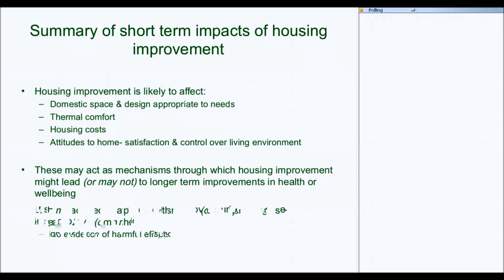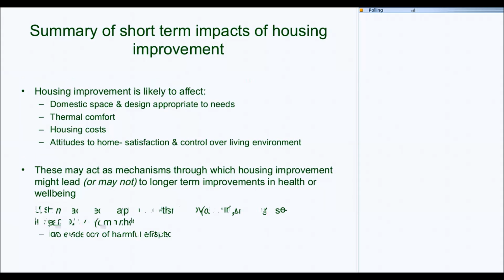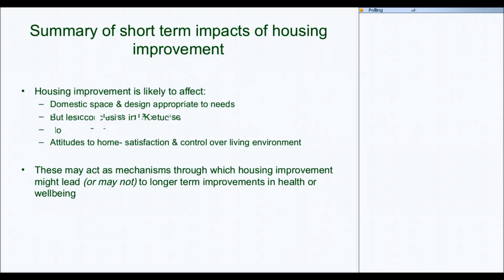So in conclusion, the conclusion of our systematic review really is that improvements in warmth can lead to health improvements, but it can't be assumed, because if you remember, the studies in New Zealand did show improvements in health, and they were very rigorous randomised studies, but the data from the UK was less conclusive. But it is important at least to know that there is no evidence of harmful effects.